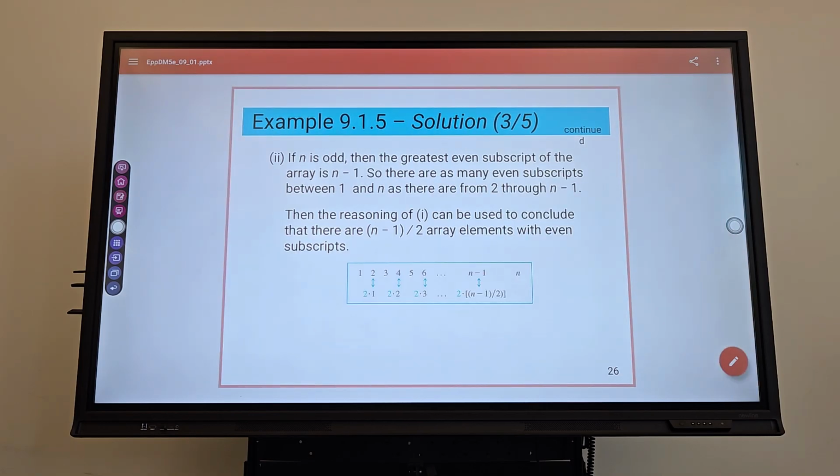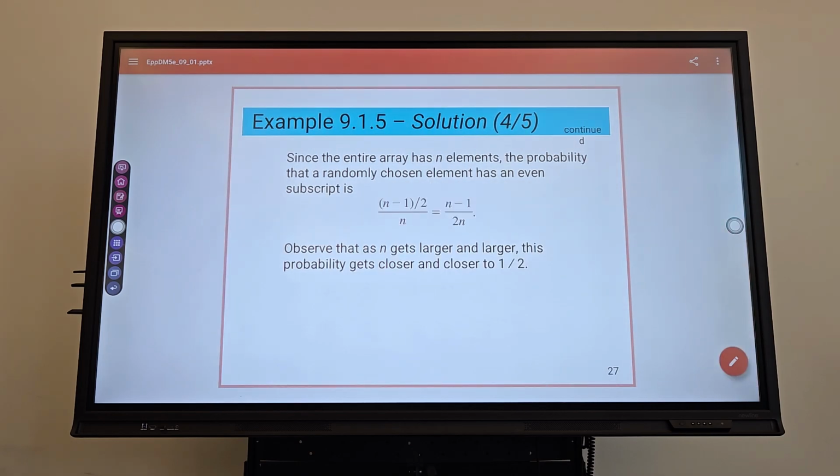If n is odd, however, then the greatest even subscript of the array is n minus 1. So there are as many even subscripts between 1 and n as there are from 2 through n minus 1. Then the reasoning of part I can be used to conclude that there are n minus 1 over 2 array elements with even subscripts.